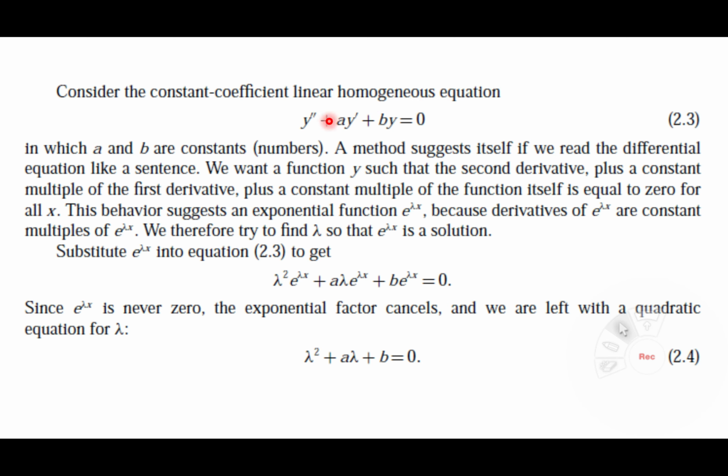Constant coefficient means that we have constant coefficients here, as you can see, a and b. This is a very unique shape for the differential equation, and it tells us how we are going to solve this equation, in which a and b are constants. They are numbers.